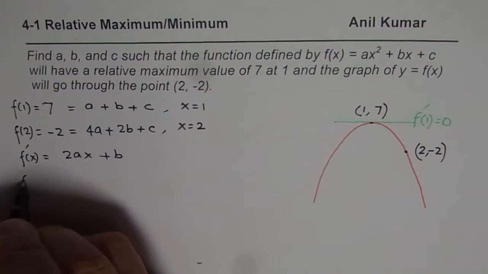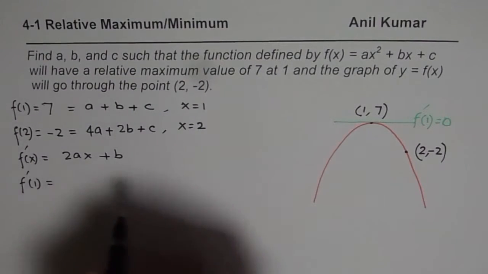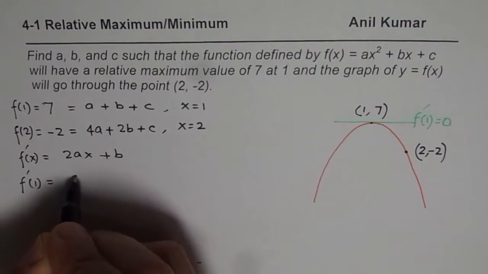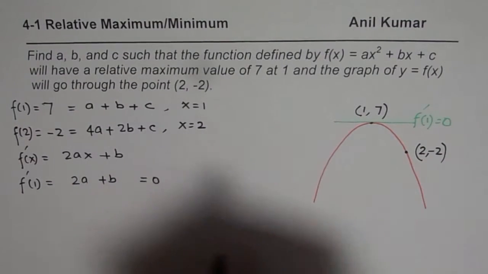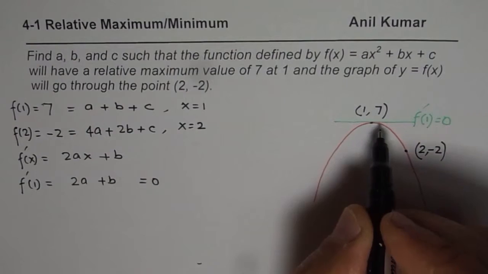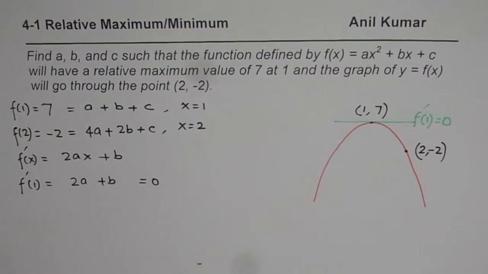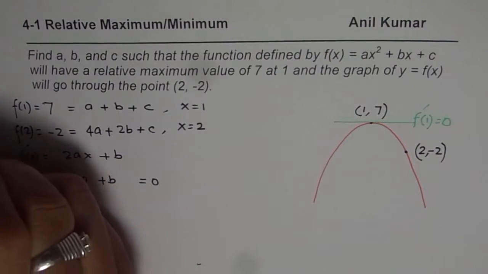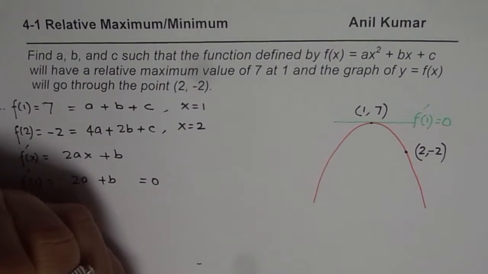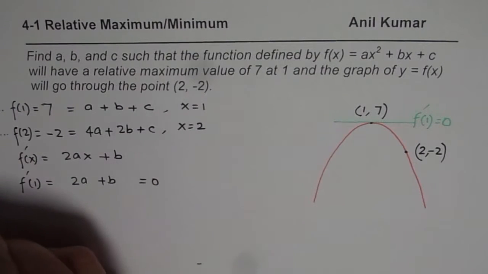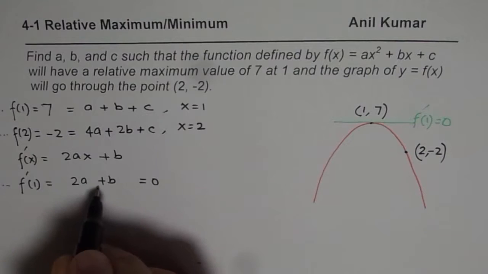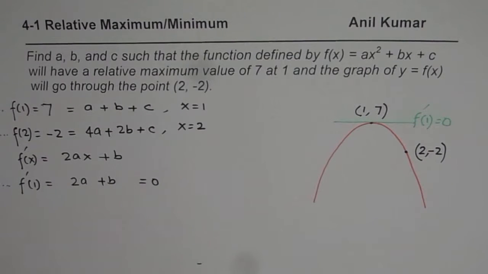That means f prime of 1 is, substituting 1 here, 2a plus b, and that should be equal to 0 since we have a relative maximum here, a turning point. So you can see we have three different equations. We'll number them: this is equation 1, this is equation 2, and that is equation 3, which is 2a plus b equals 0.